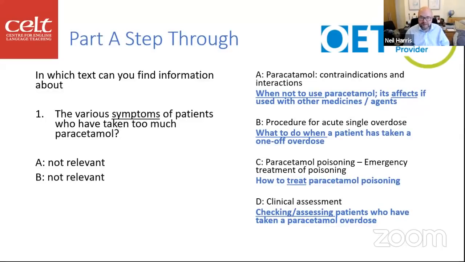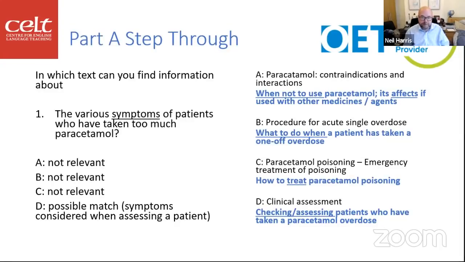Likewise, B, there's nothing there about procedures. C, there's nothing about treatment. But if you think about the meaning of assessment, that also means thinking about what symptoms the patient presents with. And therefore, this is considered to be the correct answer.